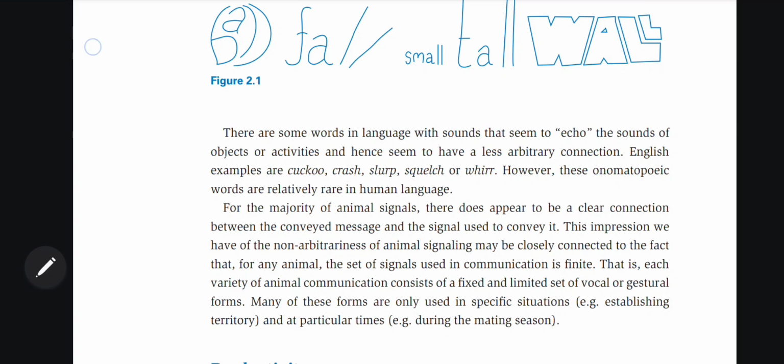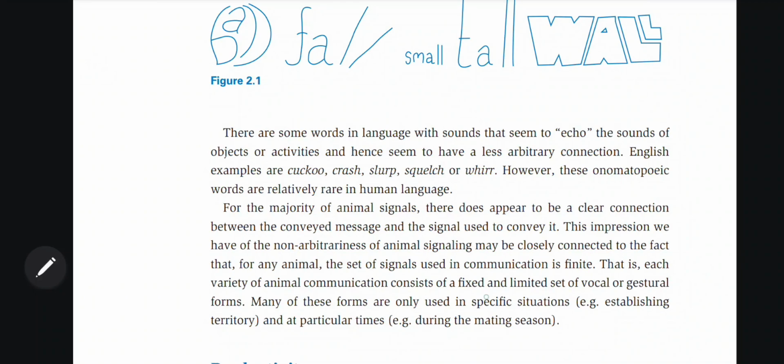In the animal kingdom, we can find that there is a huge connection between words and the signals. The impression that we have of the non-arbitrariness of animal signaling may be closely connected to the fact that for any animal, the set of signals used in communication is finite.